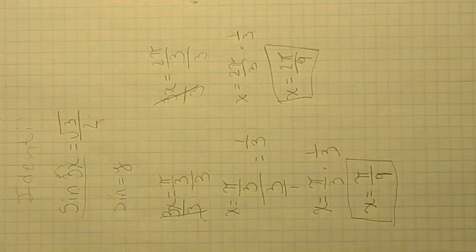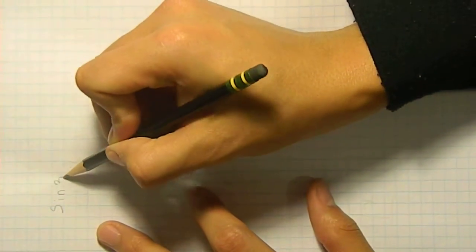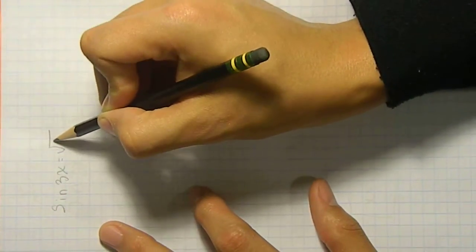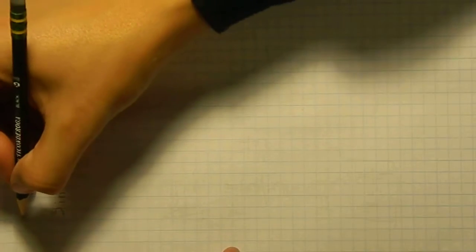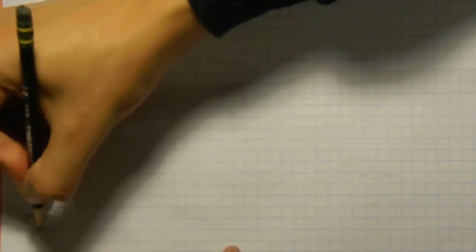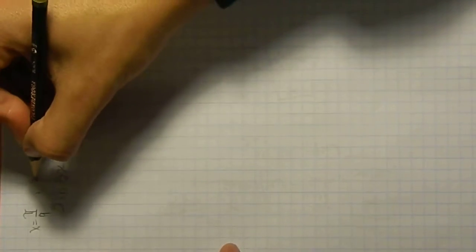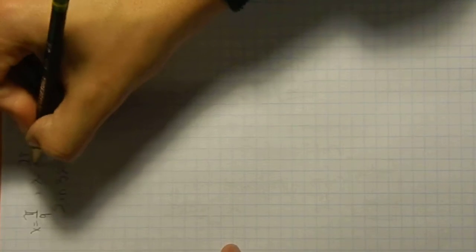So now let's check those values, because if you're taking a test, you want to make sure that those values are correct, right? So we're gonna plug those values into the equation. We say sine 3x equal to the square root of 3 divided by 2, and our two values were x equal to pi divided by 9 and x equal to 2 pi divided by 9.